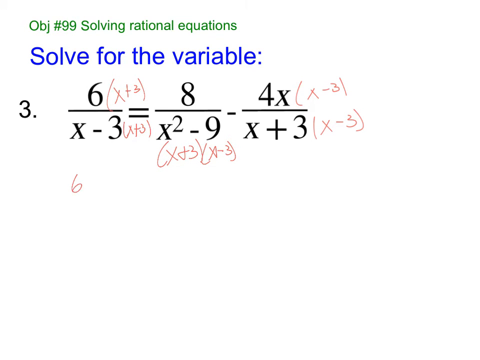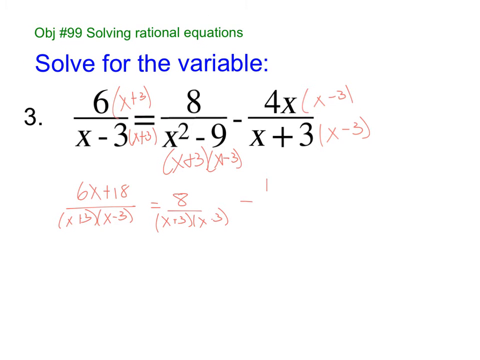So we get 6x plus 18 over x plus 3, x minus 3 equals 8 over x plus 3, x minus 3, minus 4x squared minus 12x over x plus 3, x minus 3.